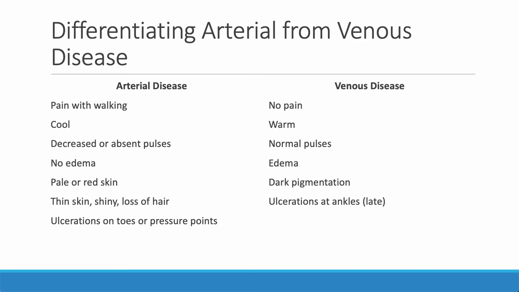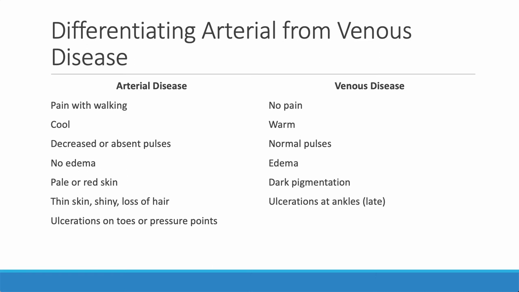Now, we may also see cool extremities if the blood flow is really limited. We often see diminished or absent pulses, and that's why we have to get Doppler devices and check for pulses, and particularly in these patients when they undergo surgery, we want to make sure that they don't have an ischemic extremity or something of that nature. No edema typically occurs with this.